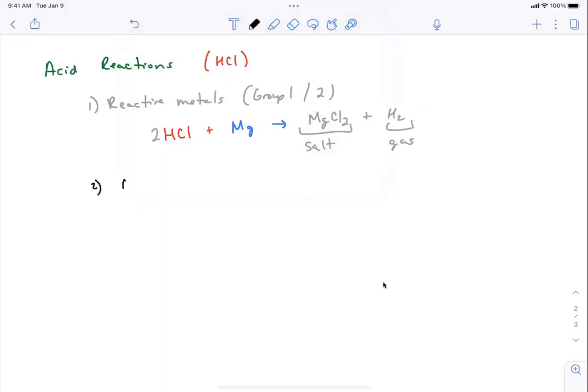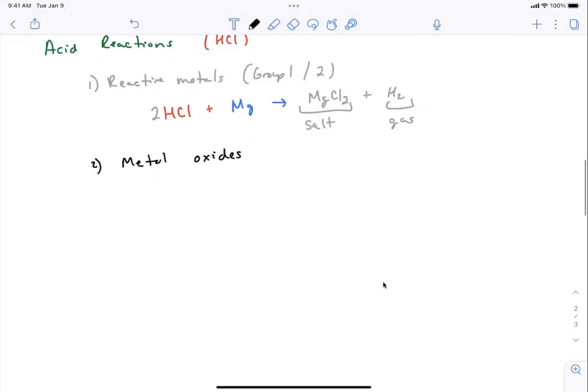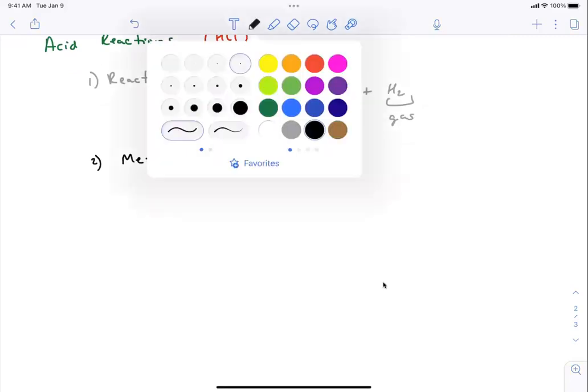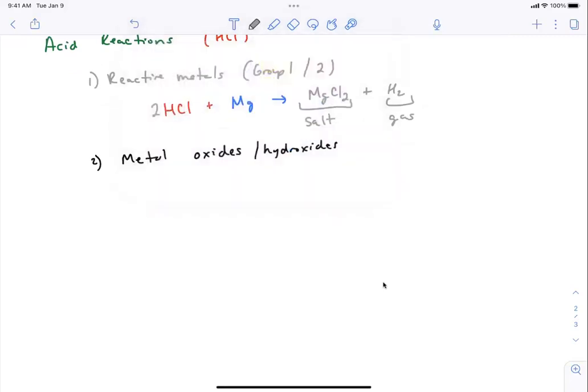You should also be able to react with metal oxides. Actually, since we're doing review, I'm just going to lump a bunch of things here as well. Metal oxides and hydroxides, okay? Because they really behave the same way.